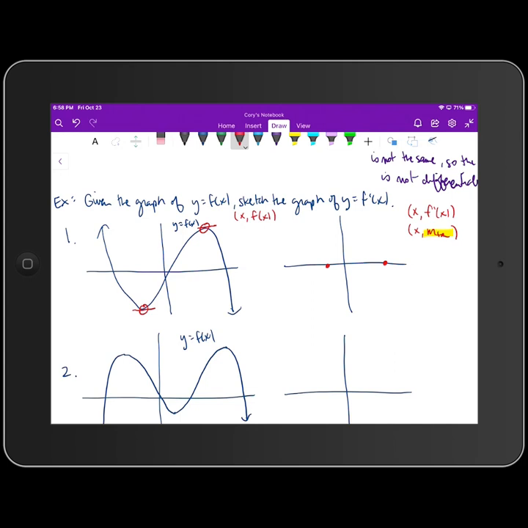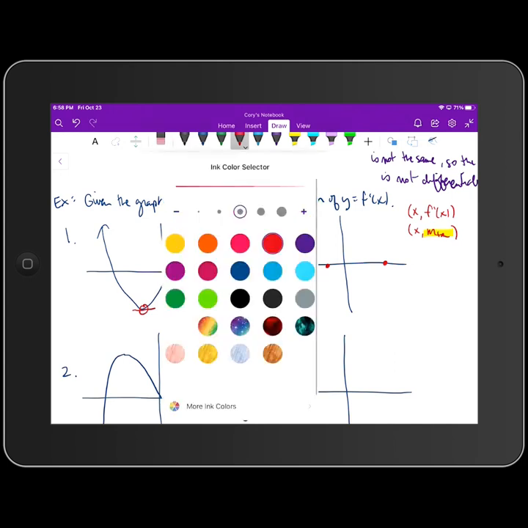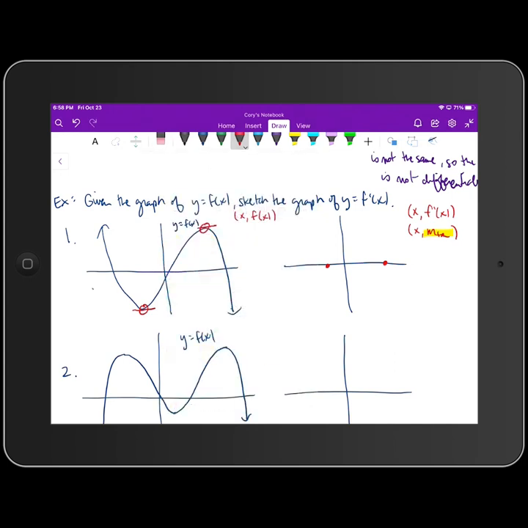If I start way over here to the left of our graph, I'm going to do this in green. At this point way over here, the tangent line is going to have some really steep negative slope, which means the y-coordinates on the graph of our derivative should be some really big negative number.